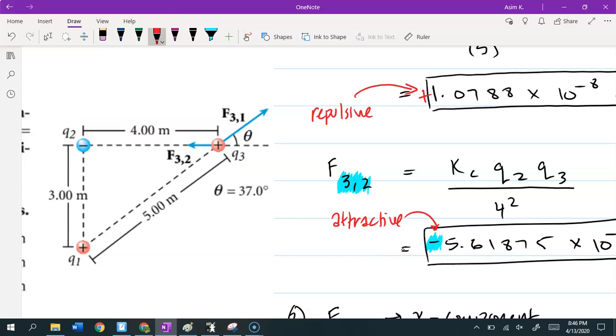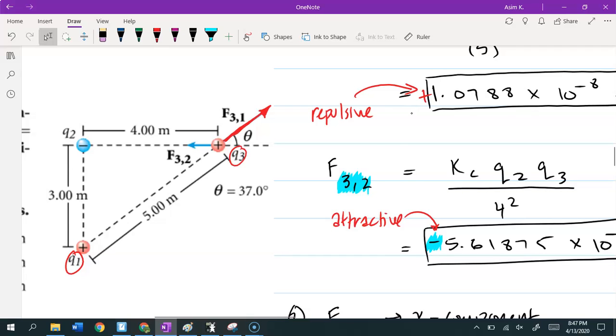Now let's focus on the force between 1 and 3. Now we did say, and we calculated this first, in fact, it's right up here, that that's a repulsive force. So what's really going to happen, if you focus on this line of sight, is the third charge wants to get away as far as possible from the first charge.